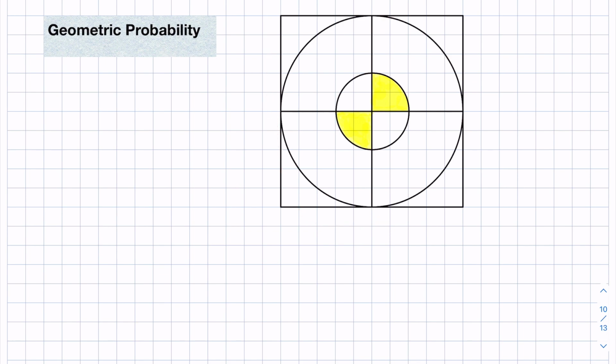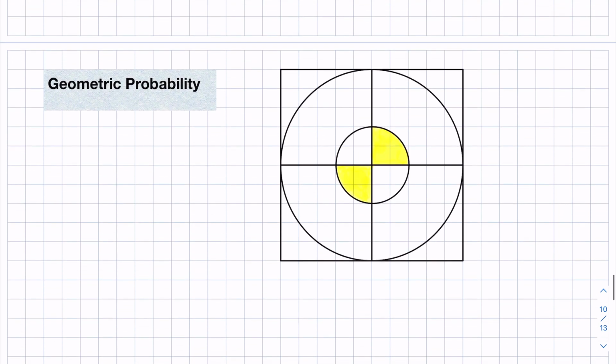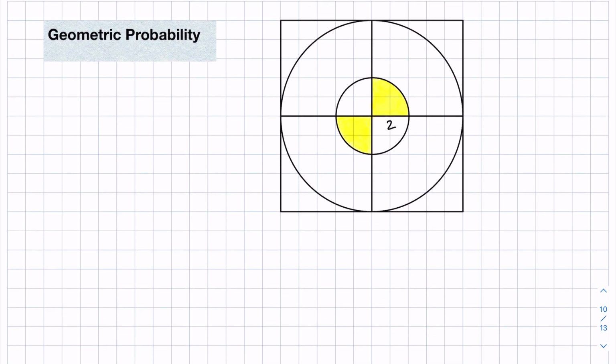So what is the probability of my dart hitting one of these two sectors in this small circle? This problem is to scale. So the distance from here to here, which is the radius of the small circle, is 2. The distance from here to here, the side of the square, is 10.